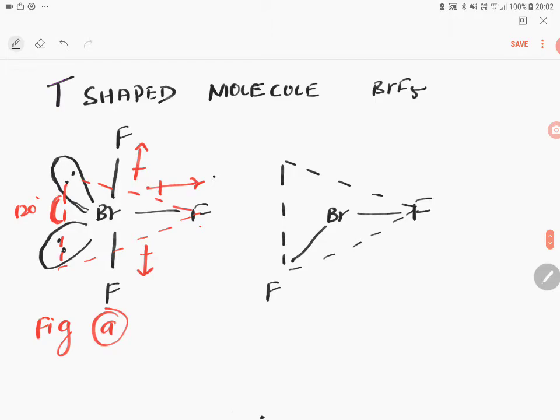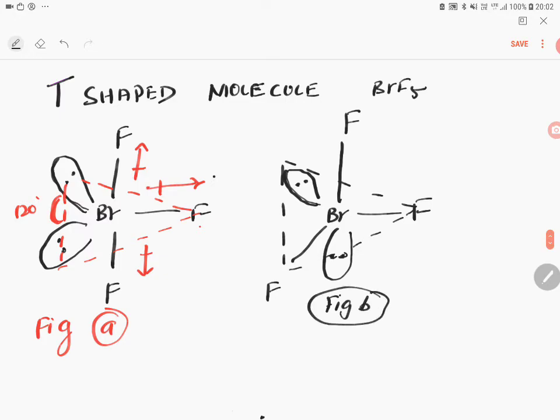Instead of one more fluorine here, I can put one lone pair here, and one of the fluorines can occupy here. This is also trigonal bipyramidal. The other lone pair will occupy the next apex of the pyramid. So this is figure B. Whether figure A is stable or figure B is stable, that's the discussion here.